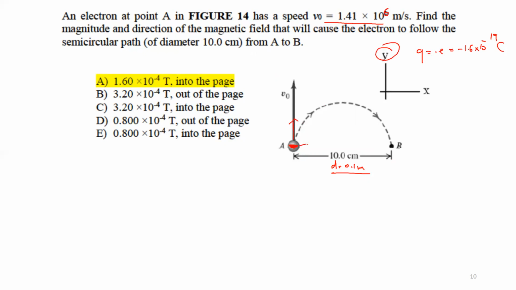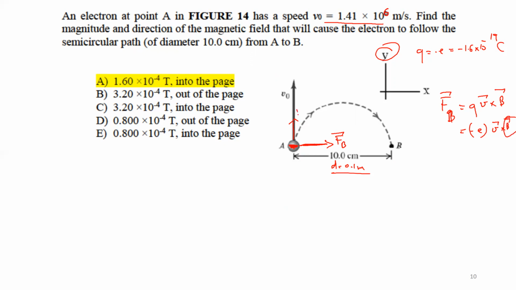Of course, the direction of the magnetic force is this. So this is FB. And you know that FB is the charge of the electron times V cross B. In other words, FB is minus e V cross B. Now the question is, what should be the direction of B?